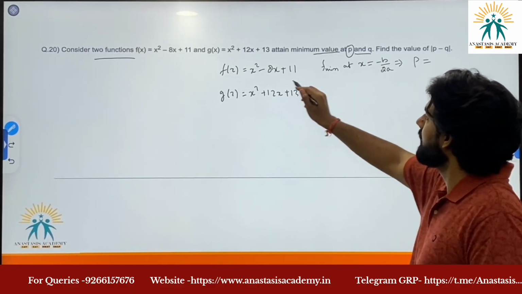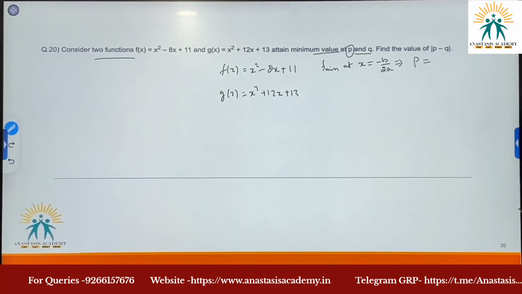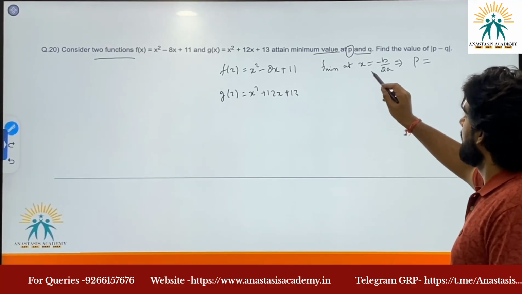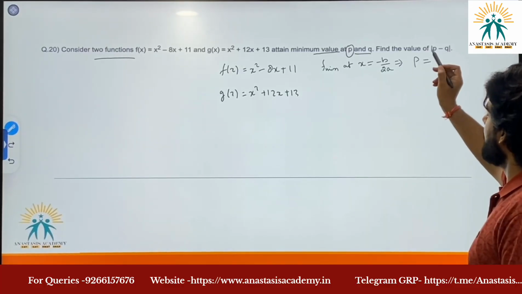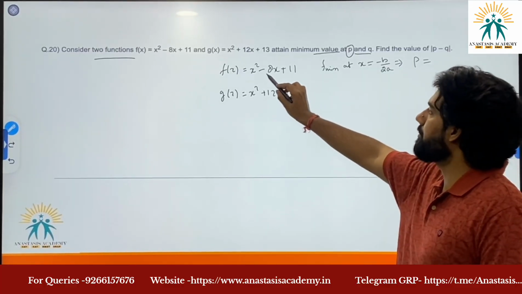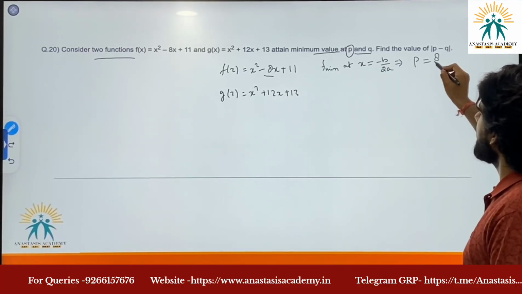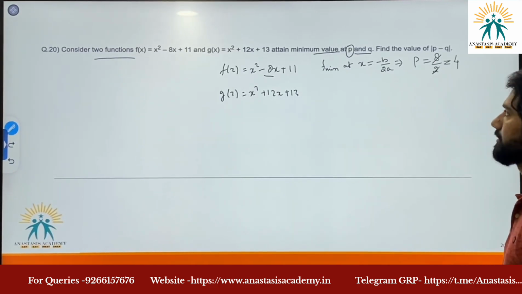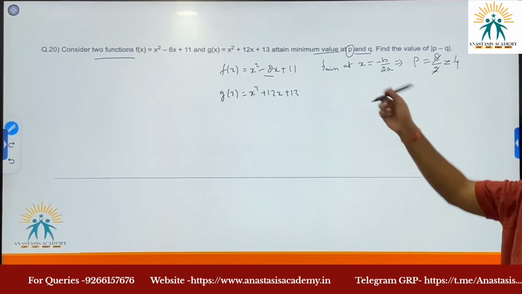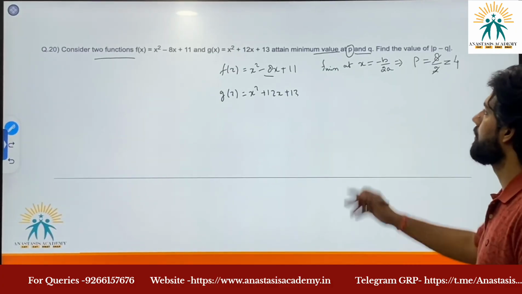I can find p from this, because this function is attaining minimum value at x = p, and that must be equal to −b/2a. −b/2a is 8 upon 2, so p comes out to be 4, because at this x the quadratic function attains minimum value.